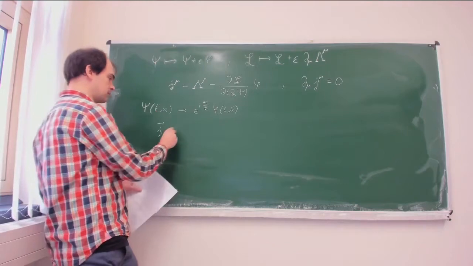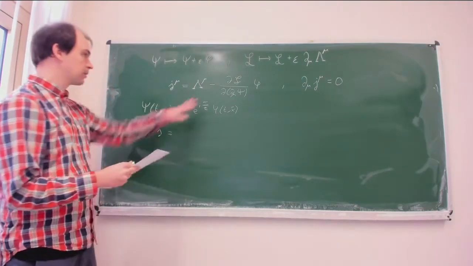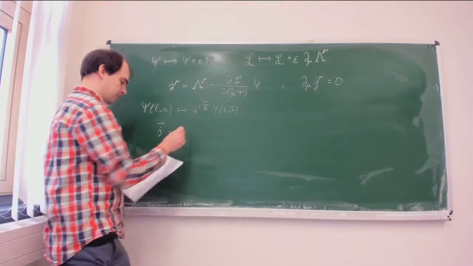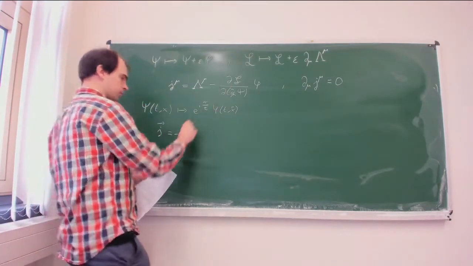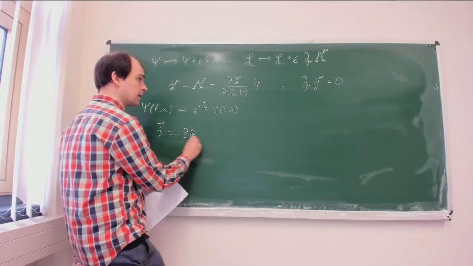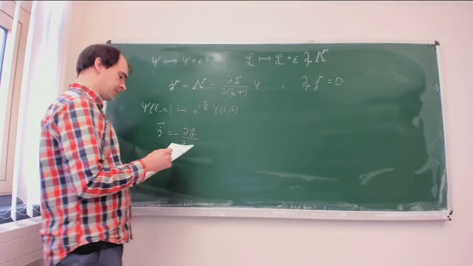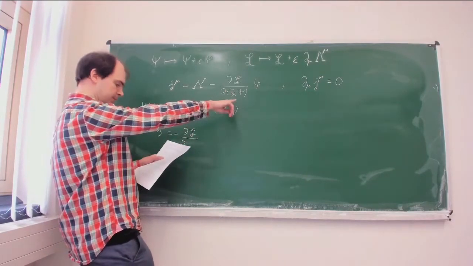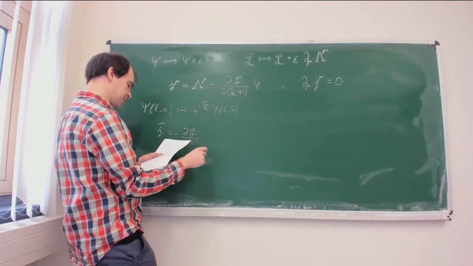So the space coordinate J is just, we don't have a lambda. So what we have is minus the Lagrange density derived by the gradient of psi.